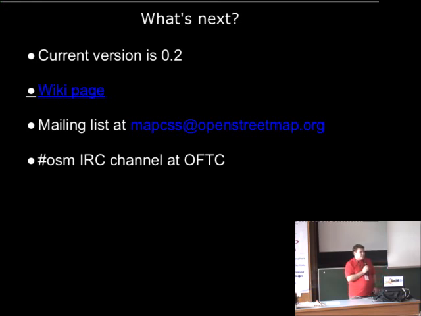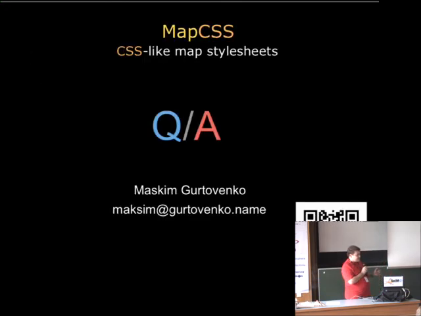Each software needs to provide a list of things implemented in that software about MapCSS because there are some incompatibilities. You can go to the wiki page of MapCSS. We have a mailing list, MapCSS at OpenStreetMap.org. It has very little traffic, and you can find me or Dorofei or someone else on the OSM channel. I always read this.